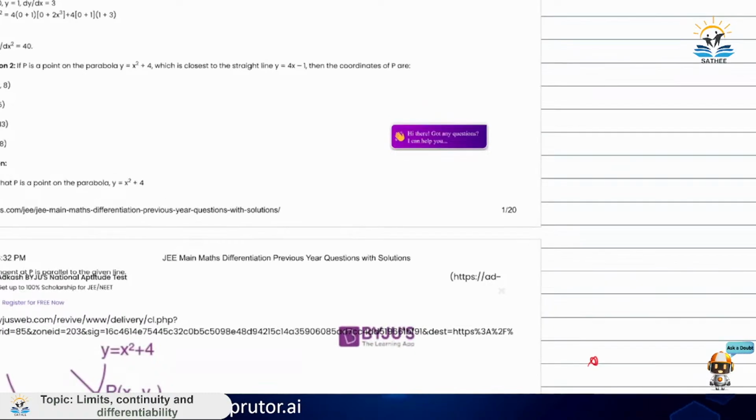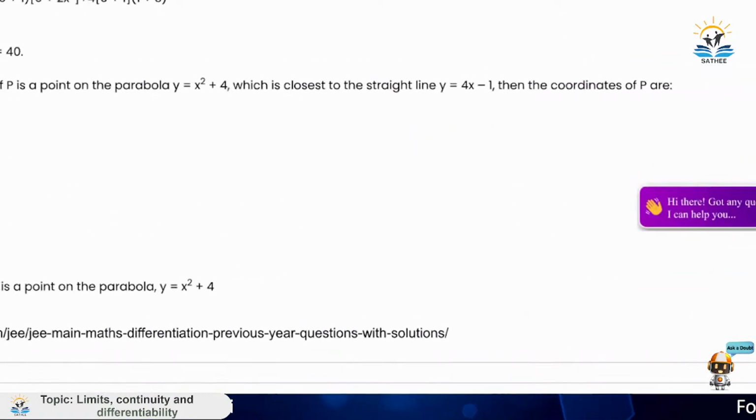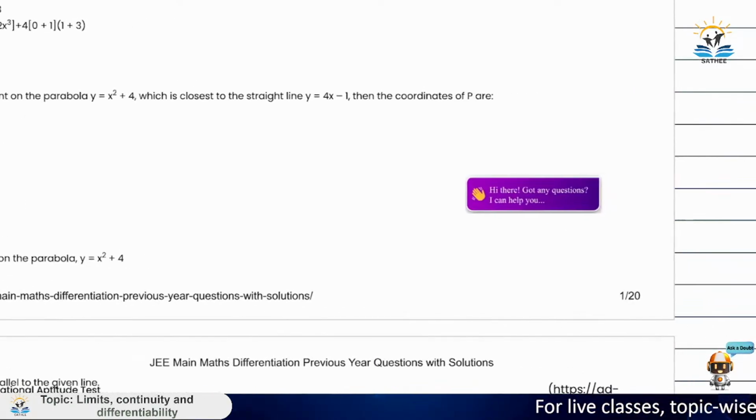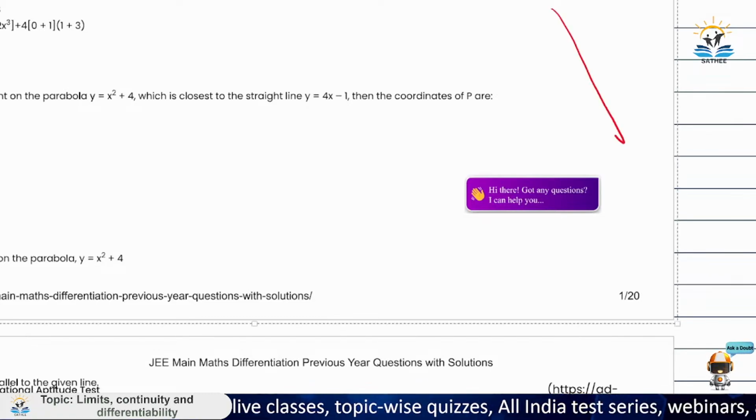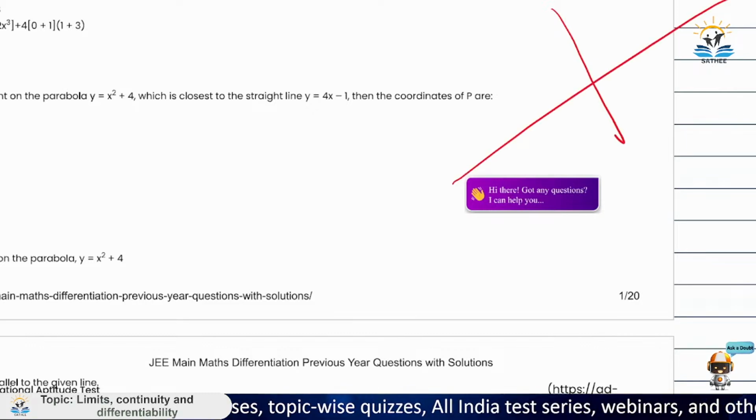P is a point on the parabola y = x² + 4, which is closest to the straight line y = 4x - 1. The coordinates of P are? So what are we getting at? x is equal to 0, y is 4.